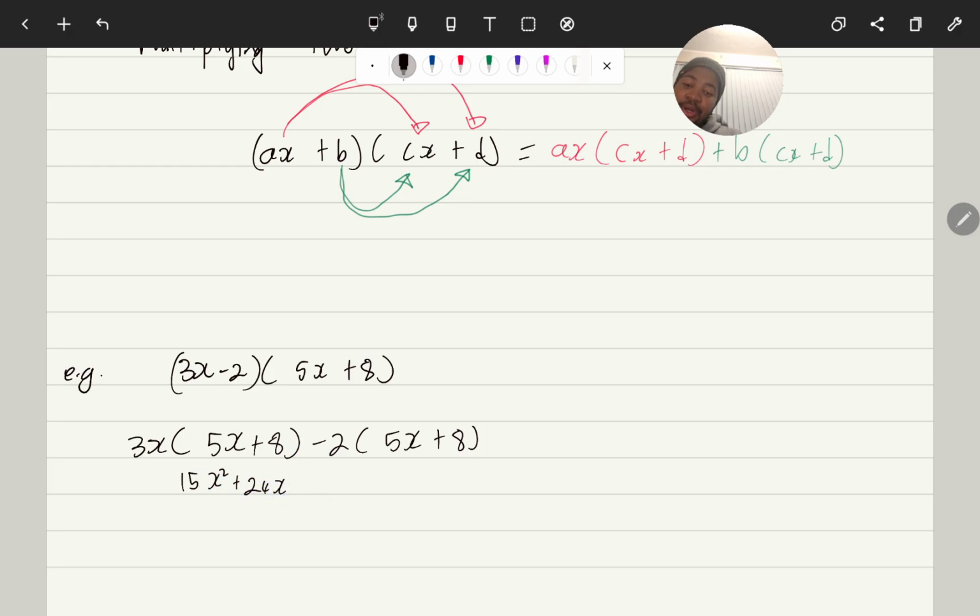You are done with this bracket. On this side, you have minus 10x and minus 16. Now you have 15x squared, 24 minus 10 gives plus 14x, minus 16. Then you are done. That's how you multiply these brackets.